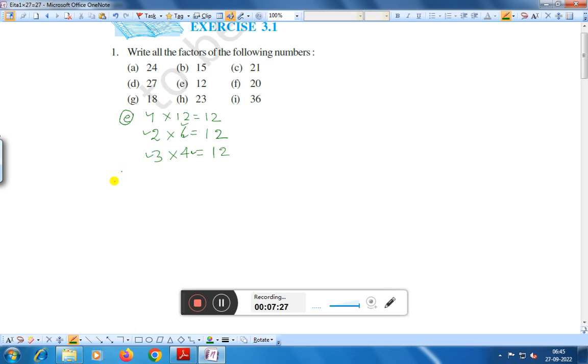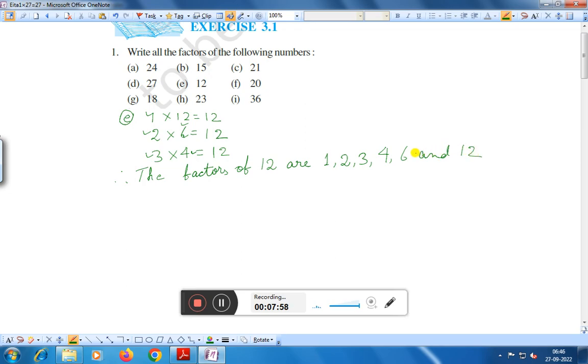Therefore, the factors of 12 are 1, 2, 3, 4, 6 and 12.